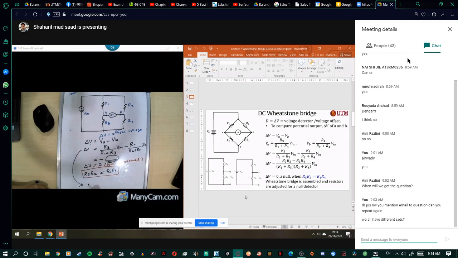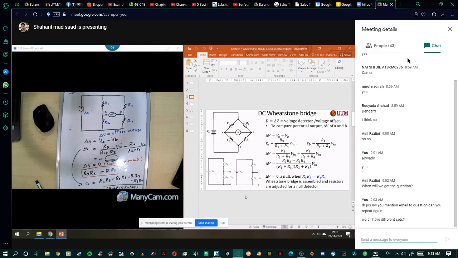Delta V equal to 0 here, and then you multiply out: R2 R3 plus R3 R4, minus R1 R4, minus R3 R4, divided by R1 plus R3 times R2 plus R4.